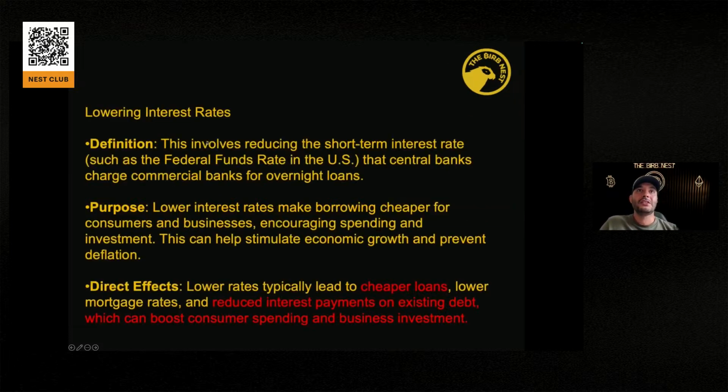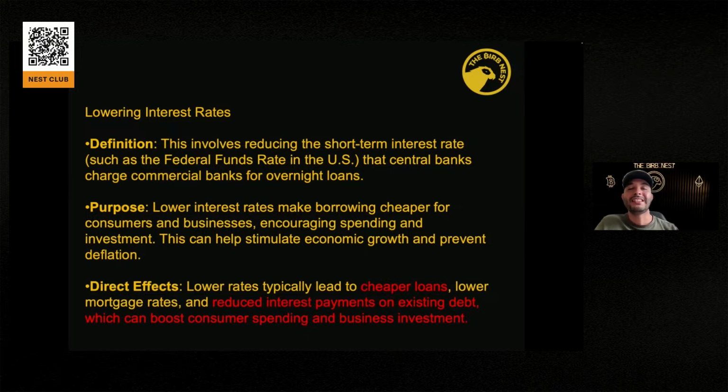So what is this actually all about? Lowering interest rates. I'm not going to make it really dull. I just want to quickly go through these few slides, and then we're going to deep dive into the charts. It's very easy. The definition: it's reducing the short-term interest rate that central banks charge commercial banks for overnight loans. And why? Well, it's to encourage spending and investment.